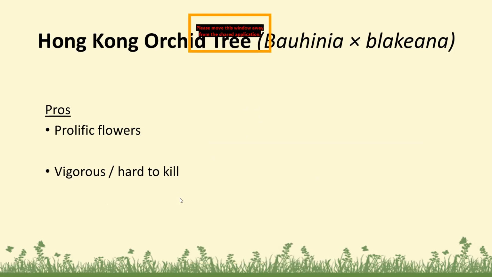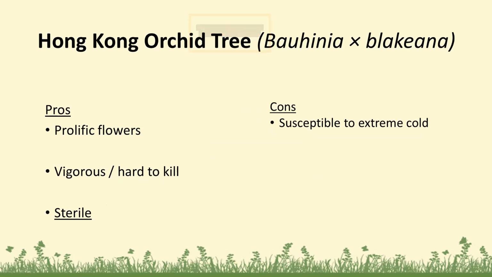So I'll give you the pros and cons for this one. Some of the pros of this plant: prolific flowers. It's very vigorous and hard to kill. Even if it does lose big sections of the plant, like I mentioned, it's weedy. It comes back with a vengeance sometimes. And it's sterile. So the cons: it is susceptible to extreme cold.